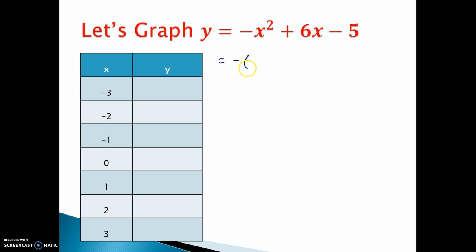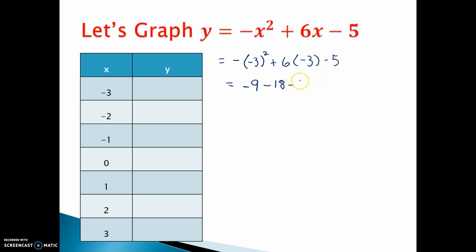Then in parentheses, I'm going to put -3 squared plus 6 times -3 minus 5. Now this is the tricky part because I have to do the exponents first. I have negative 3 to the second power, which is positive 9. So I bring down that positive 9, but I still have to bring down that negative that was outside. So it actually turns it back into a negative 9. Now here we have 6 times negative 3, which is negative 18.